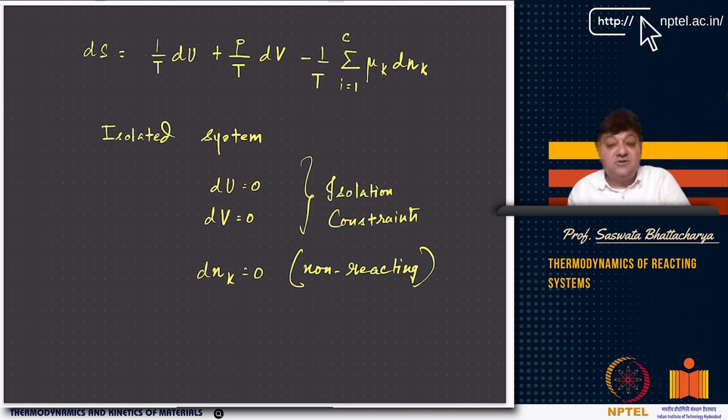Now once you have these isolation constraints, for a non-reacting system you can also say that the total number of moles does not change. That means dnk equals 0. For a non-reacting system, we can have this additional constraint.